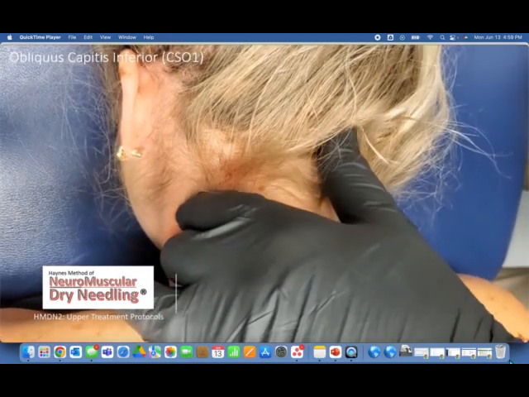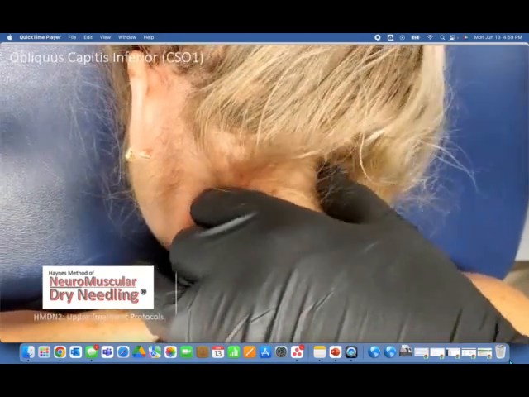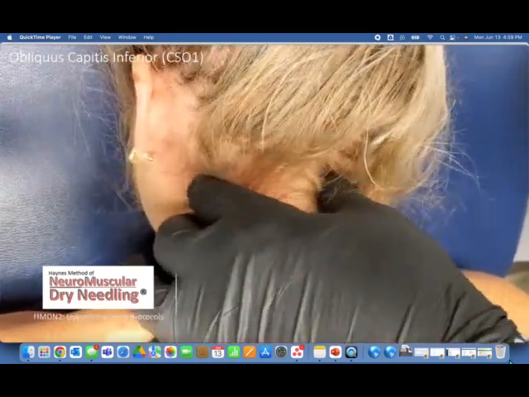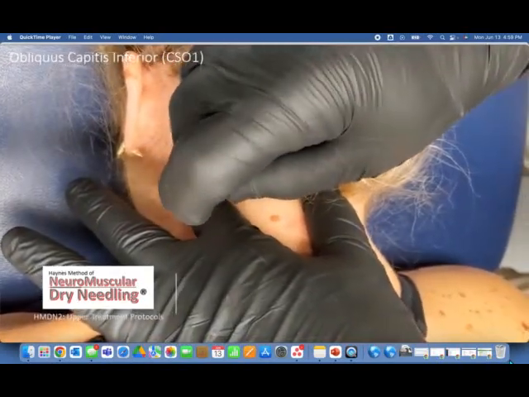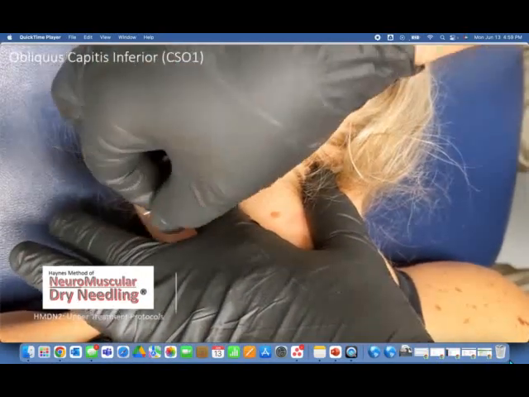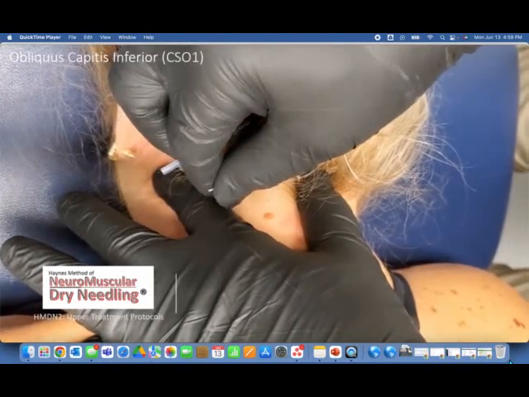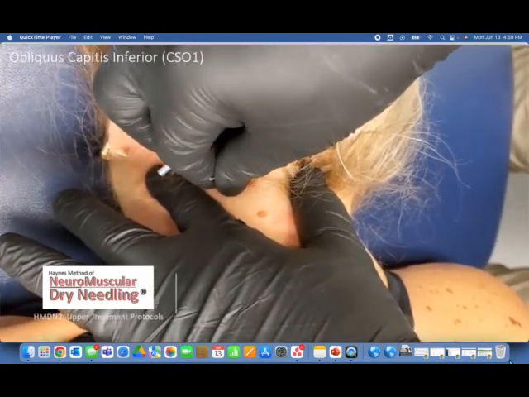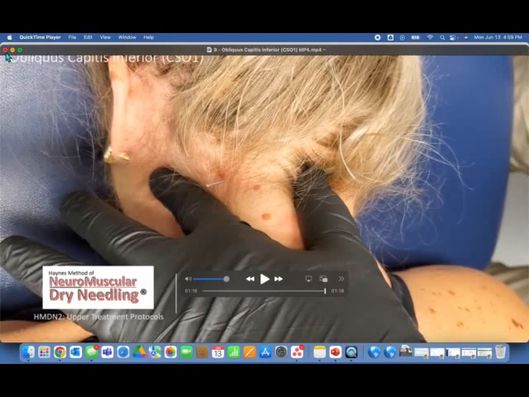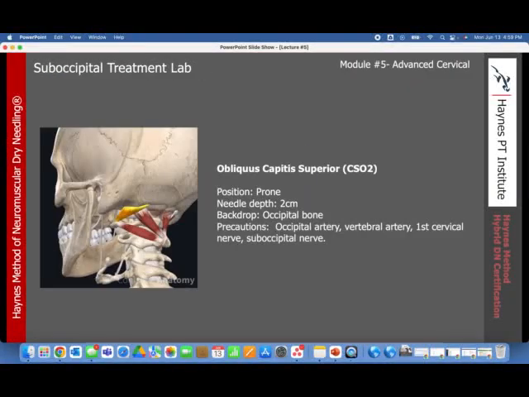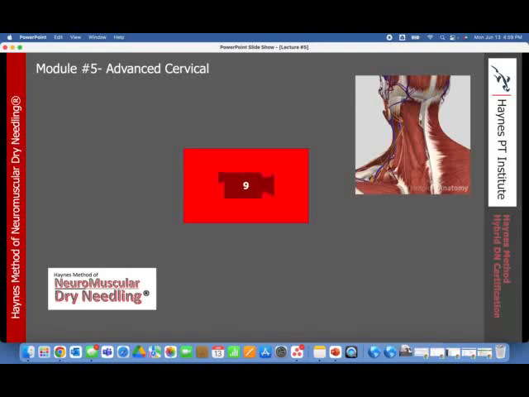So up close, palpate C2, the transverse process of C1, and at a midpoint, we'll needle there towards the lamina of C2. Okay, that was inferior. Now let's take a look at superior.